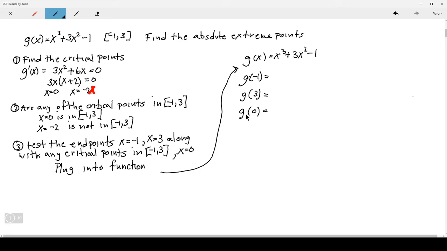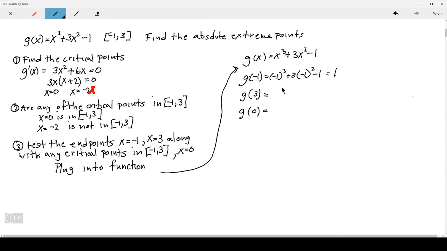Now, I think I did this math already. I did. So g of -1: if we plug -1 into the function, -1 cubed plus 3 times -1 squared minus 1, and if you drop that in your calculator, you should get 1.